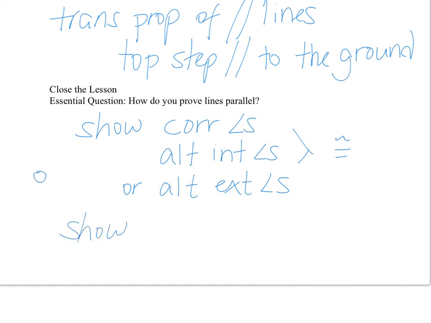Or we could show consecutive interior angles supplementary. And that ends day 2.